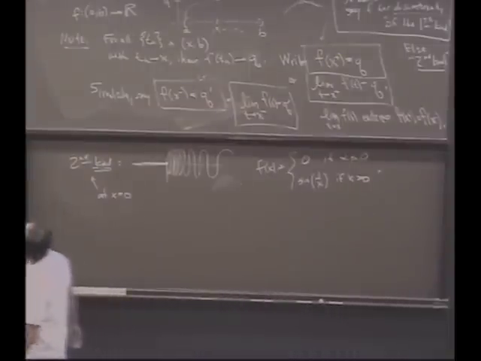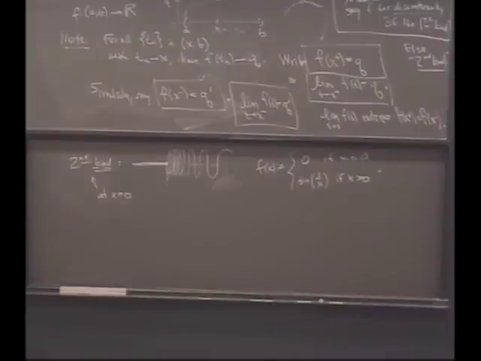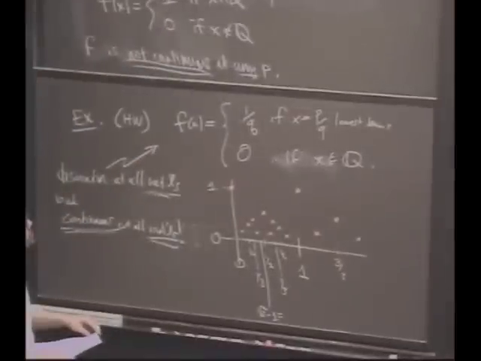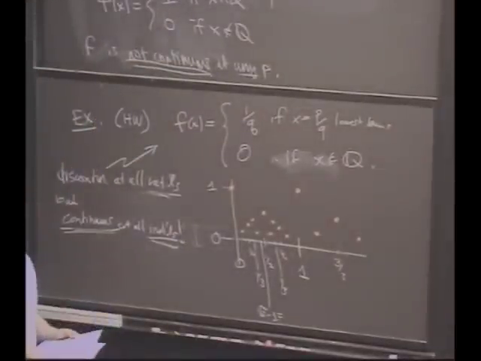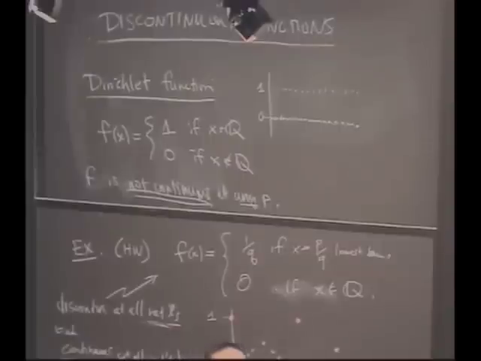So let's come back to these examples here. For the Dirichlet function, what kind of discontinuities do we have in this picture? Discontinuities of the second kind. You guys are giving me the peace symbol. Peace. Peace. Okay, good.